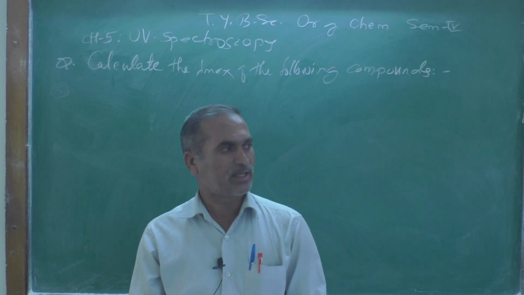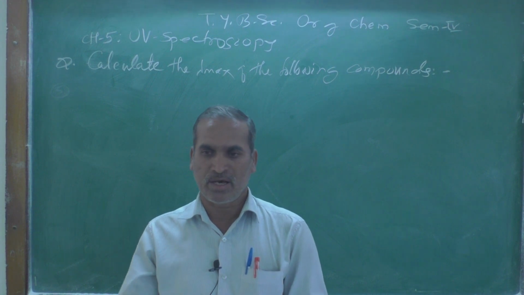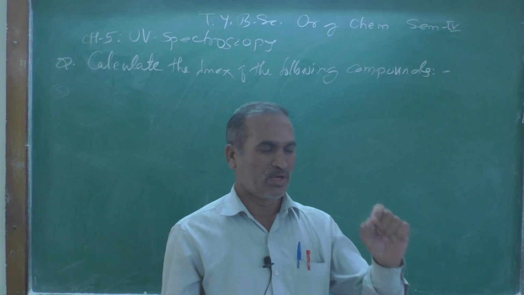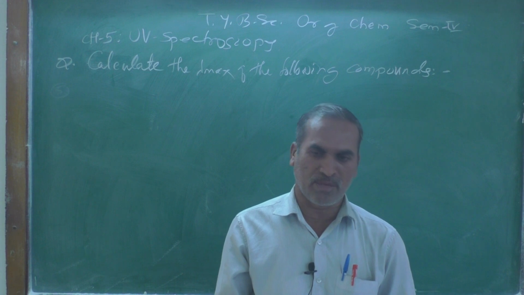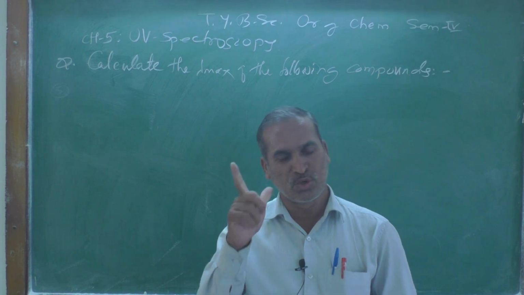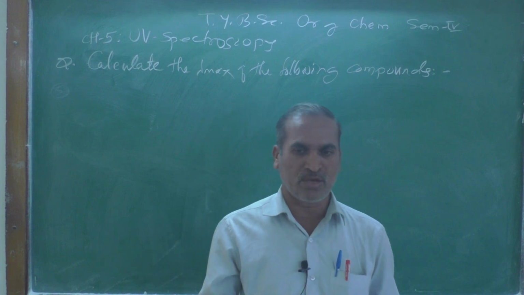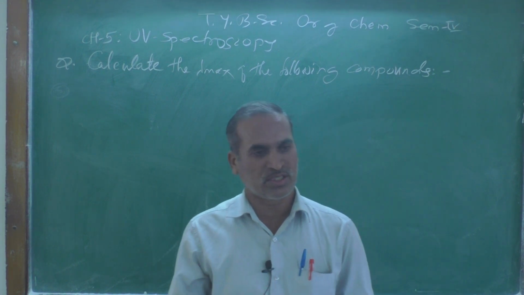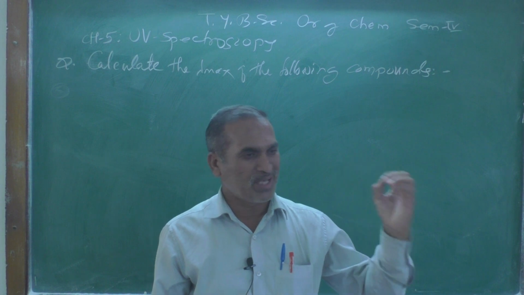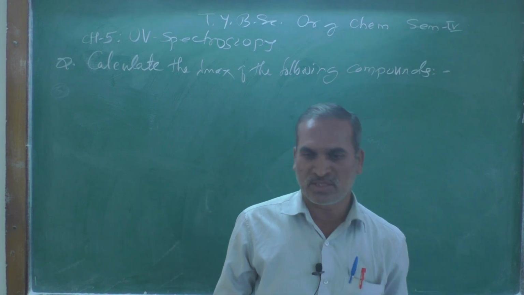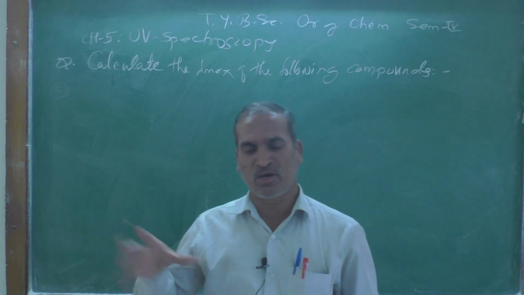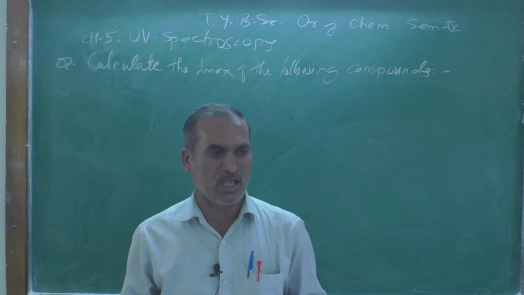As we know, there are two systems: one is a diene system and one is an unknown system. What do you mean by the diene system? What do you mean by the unknown system? What are the base values for the diene system and for the unknown system?